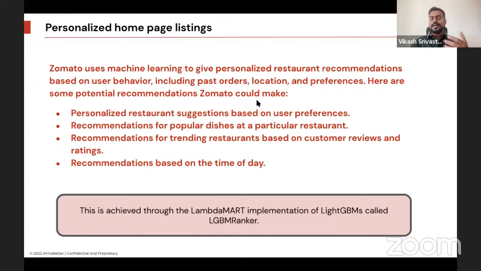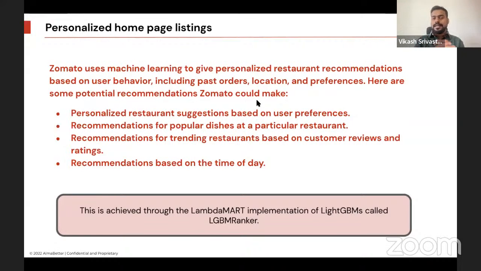Of course, they can use something like content filtering, where they can use the description of the food items or the restaurant to also do that, or they can apply a mix of content and collaborative filtering to build a hybrid recommender system, right?